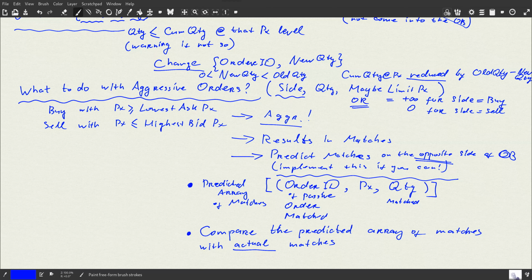So please don't be shy. Tell me, okay, we calculated the array of predicted matches. How do we compare it with the actual matches? That's important to understand. What do we do? What is the actual match in that case? So first of all, the actual match will manifest itself with some order action, which you probably read in subsequent lines.